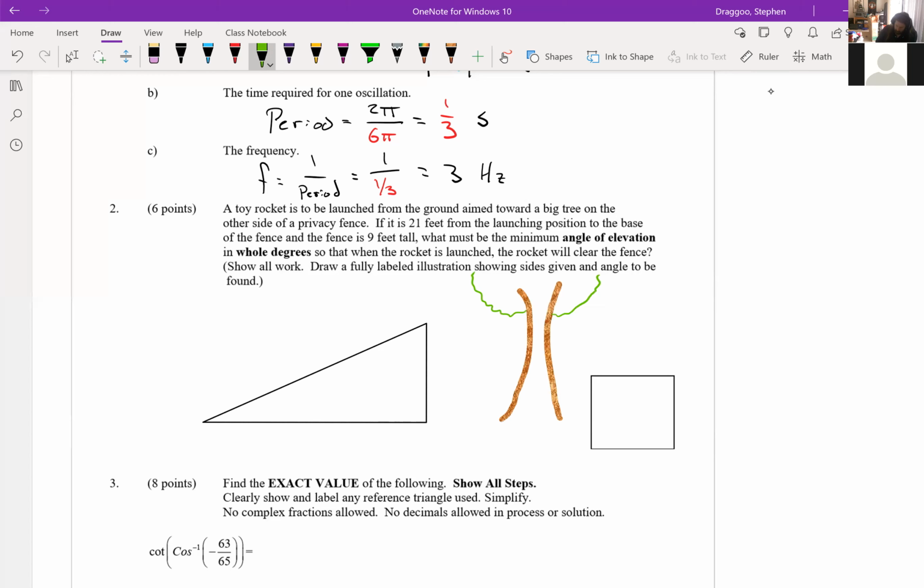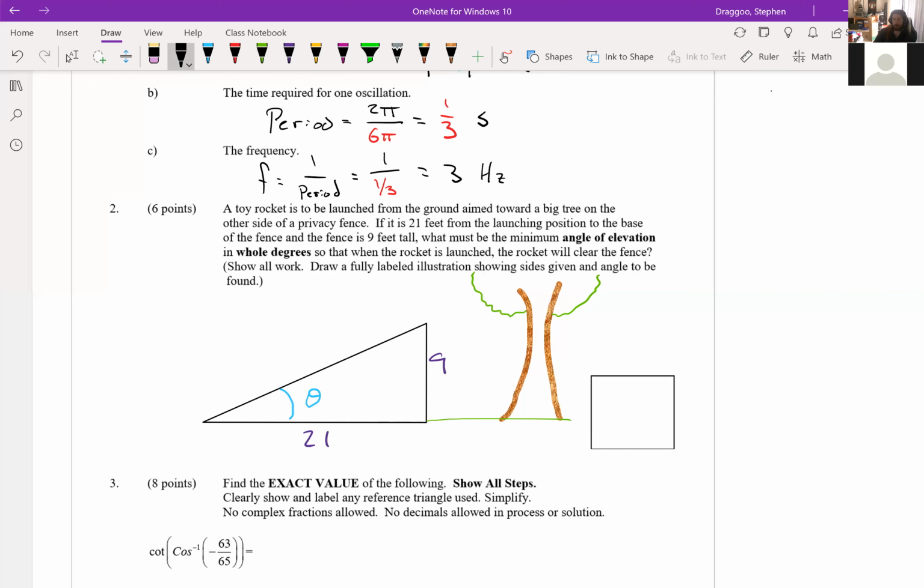Here's a tree on the other side of some fence, where we know that the fence is 9 feet tall and we're standing 21 feet away from that fence. We're interested in the minimum angle of elevation required to get up and over the fence. So I'm trying to get this angle theta.